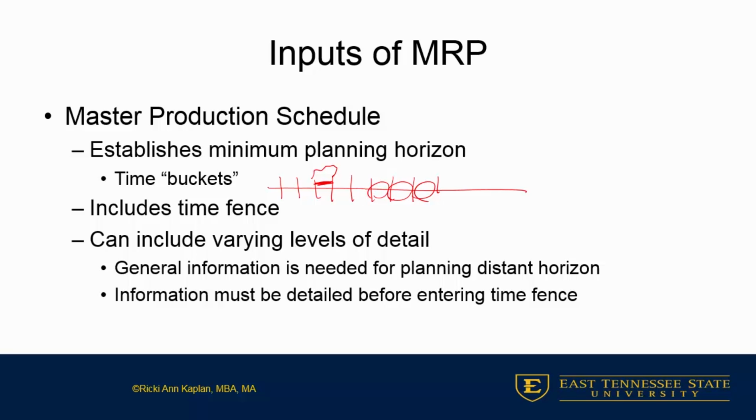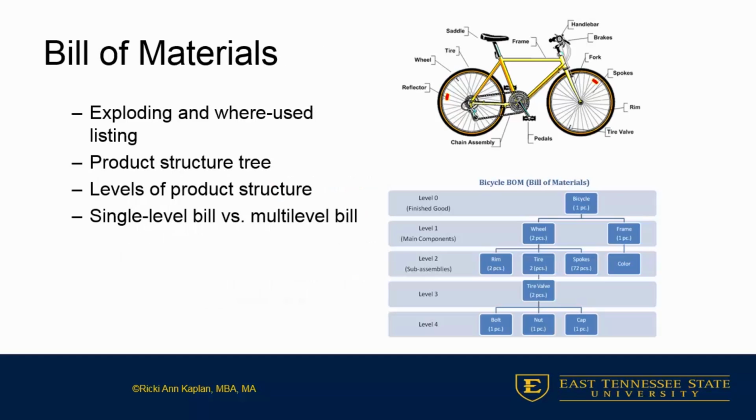With this, we take a look at the bill of materials, or a product structure tree is what we are looking at here. And you see this nice picture of a bicycle, and the bicycle is made up of different components. Well, a bill of materials, or a product structure tree, takes a look at exploding out, starting at a finished good. So here we have our bicycle. It's our finished good.